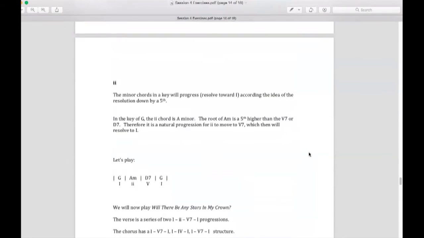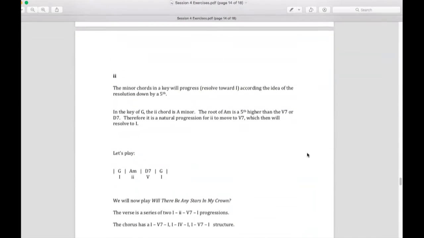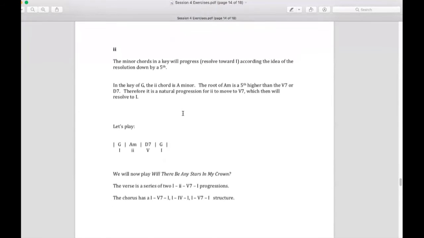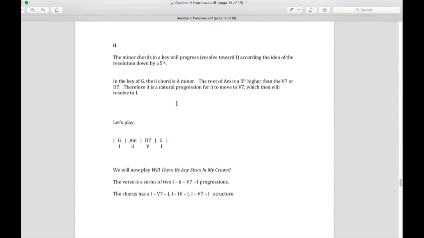And I want to talk a little bit about the minor chords that we use. So if you don't mind, we'll run over and talk about 2 and 6. Minor chords in a key will progress, that is resolve towards 1, according to the idea of resolution down by a fifth. That is the root moving down by a fifth. So in the key of G, the 2 chord is A minor, right?